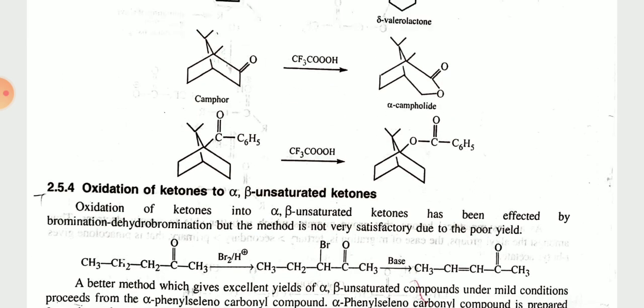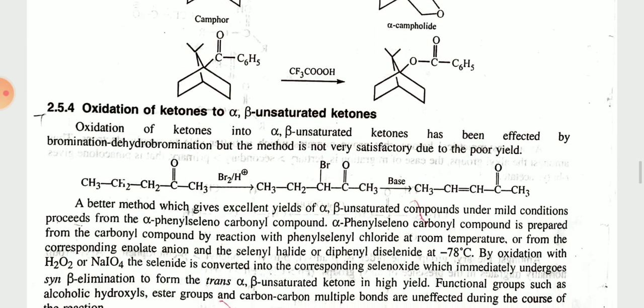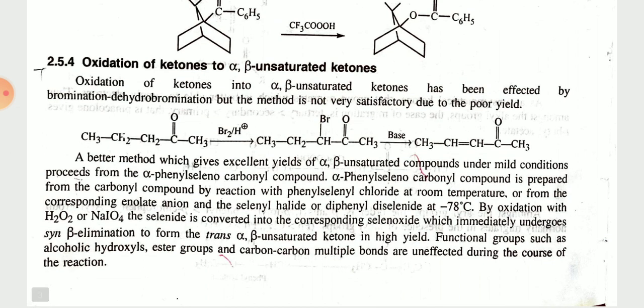Now next is oxidation of ketone to alpha beta unsaturated ketones. Okay, the conversion of ketone into alpha beta unsaturated ketone can be effected by bromination or dehydrobromination, but the latter is not very satisfying due to the poor yield. Okay, we will get a very small amount of the product.